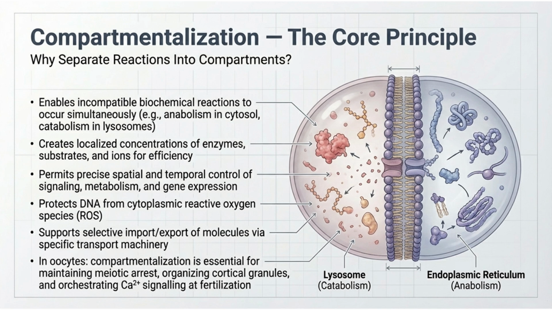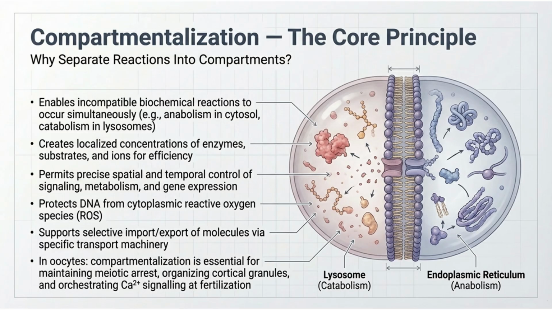Let's work through the logic carefully. The first and most fundamental reason for compartmentalization is the need to run incompatible biochemical reactions simultaneously. Consider anabolism and catabolism, building molecules up versus breaking them down. If these processes occurred in the same unpartitioned space, they would be in constant competition, each reaction product immediately becoming a substrate for the opposing pathway.